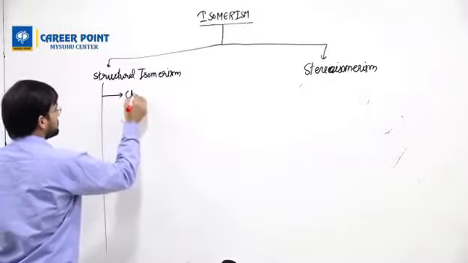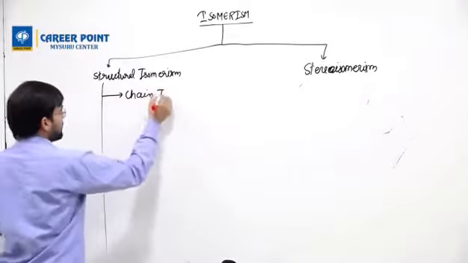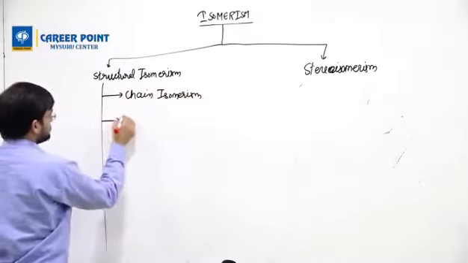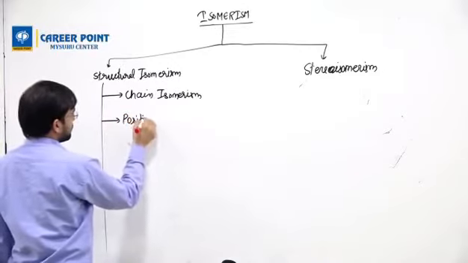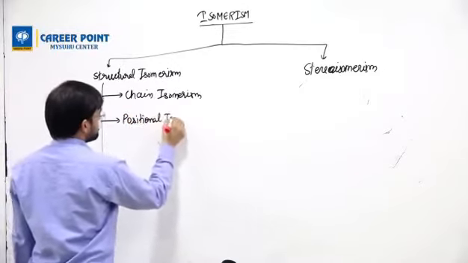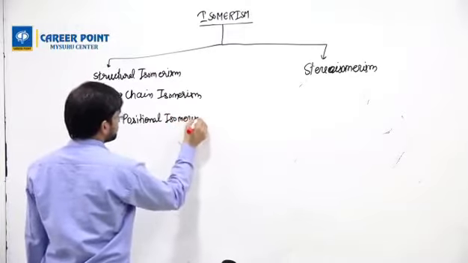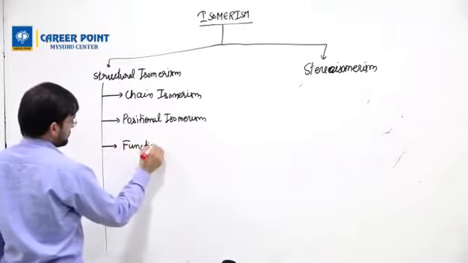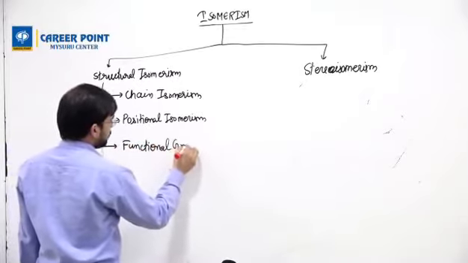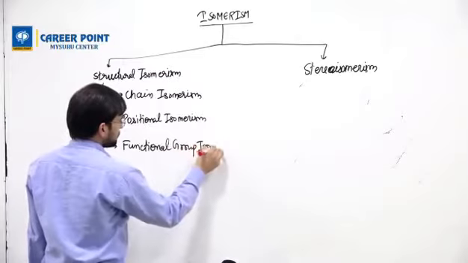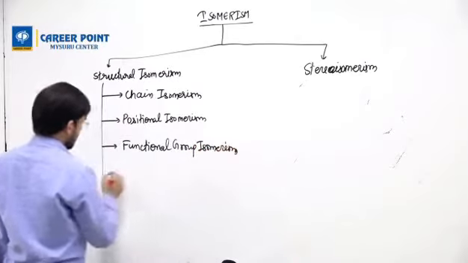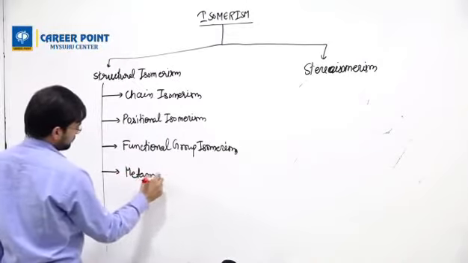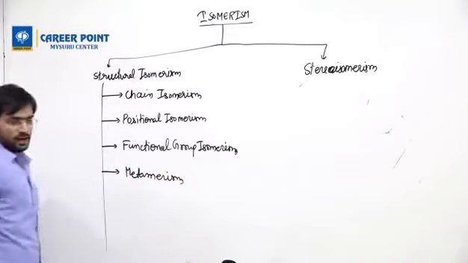The first one is known as chain isomerism. Second one is known as positional isomerism or position isomerism. Third one is known as functional group isomerism. Fourth one is known as metamerism.